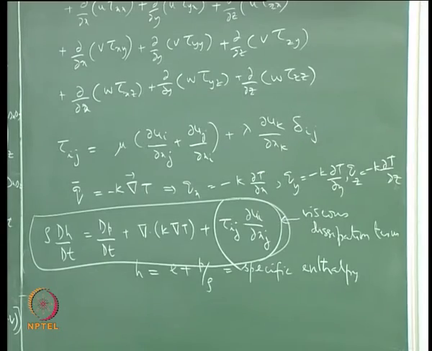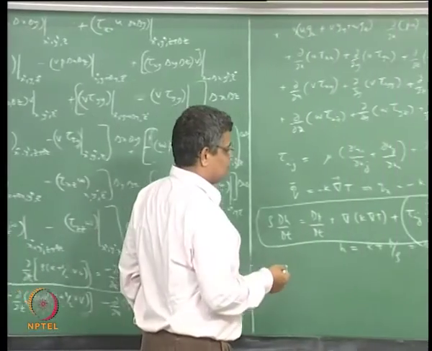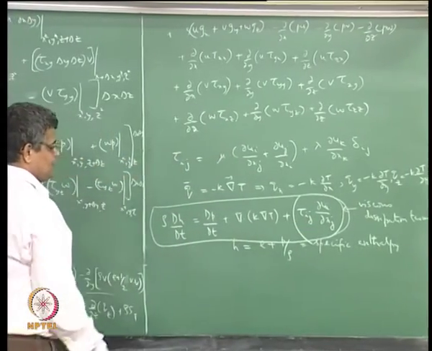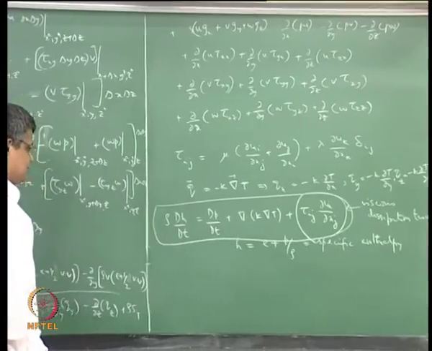In most heat transfer cases, unless we are talking about highly viscous fluids, this particular term will not be significant, and you can come up with a much simpler expression.